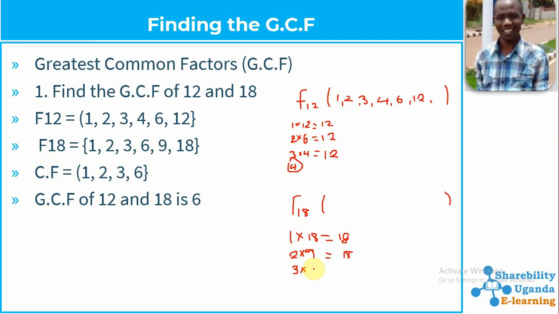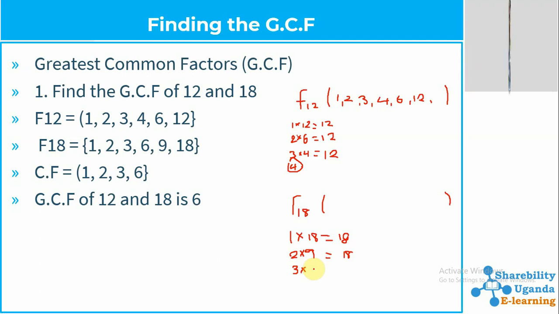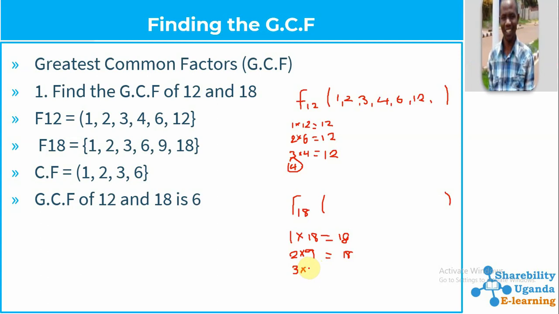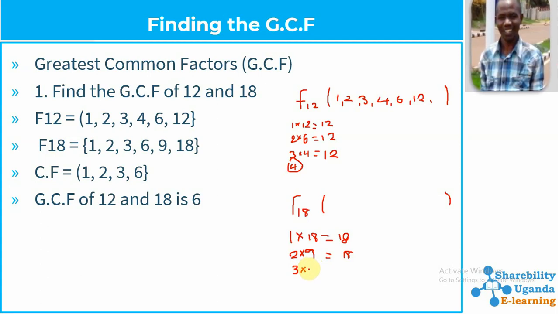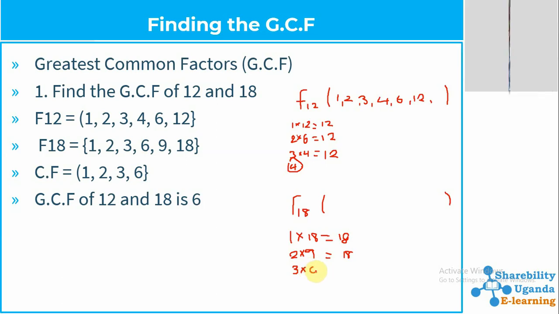When you multiply 3 times 3, 9, 3 times 4, 12, 3 times 5, 15, 3 times 6, what is 3 times 6? Okay, this is the number. We can get our 18 from 3 times 6.